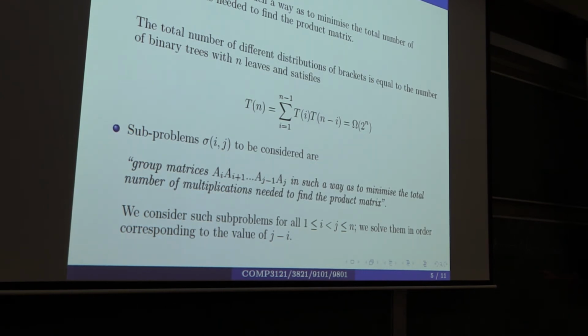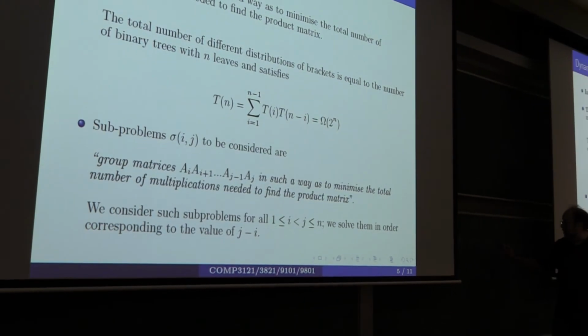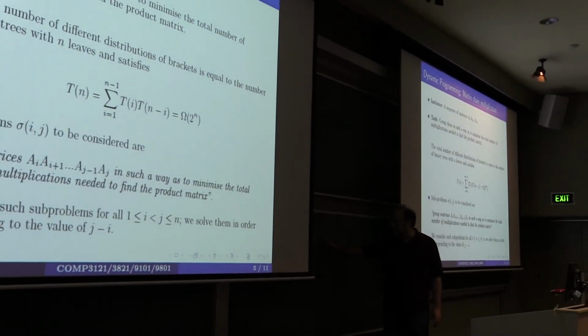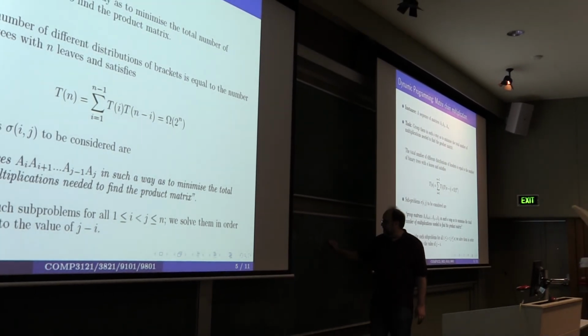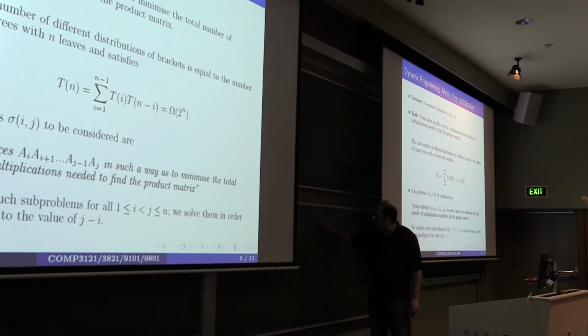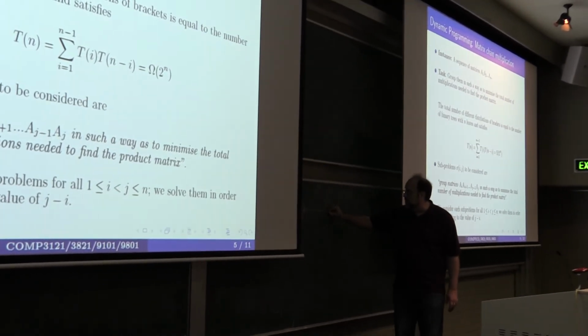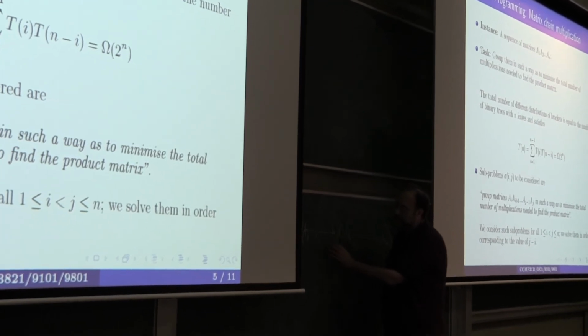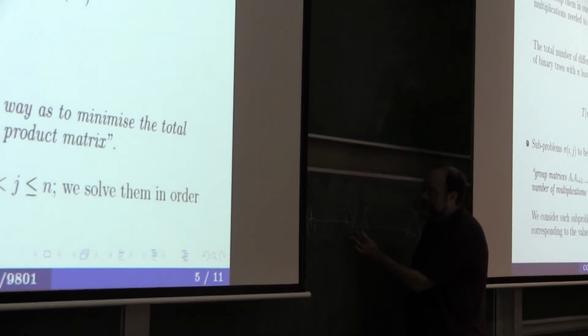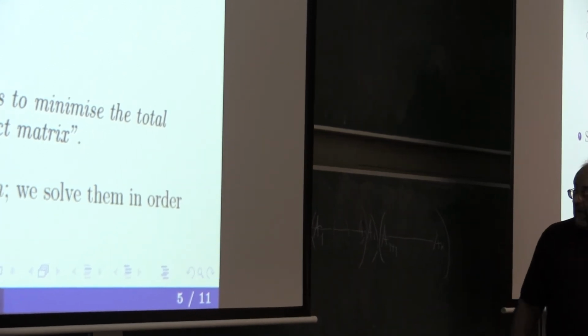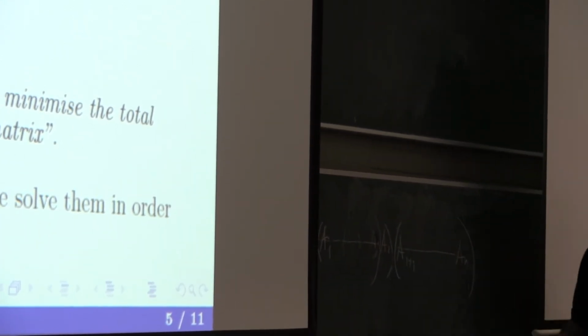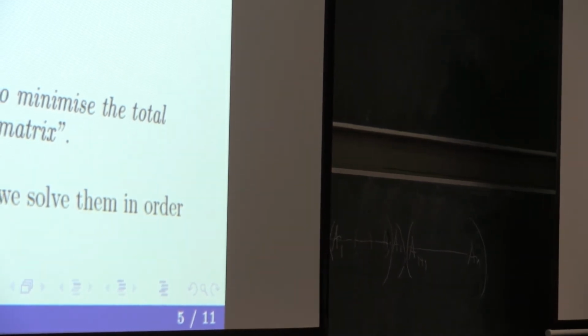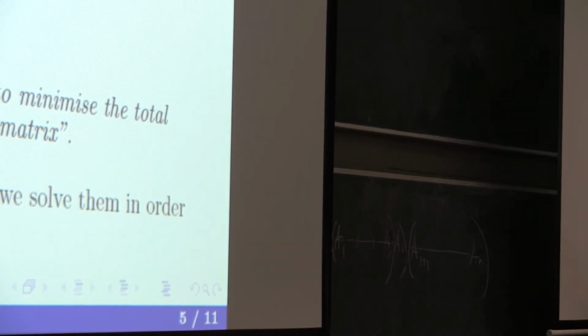Well, the idea is that when you consider all possible placements of parentheses, then for, say, if I break up to AI minus 1, and then consider sub-problems here, some of the sub-problems will be repeated. So the idea is to do this exhaustive search, but without repeating already calculated optimal solutions.